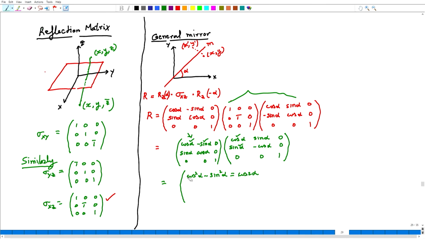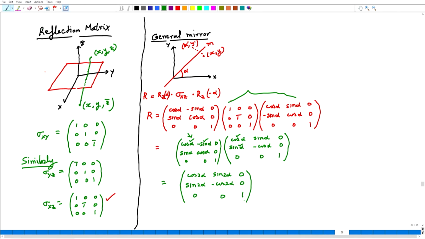Similarly, first row, second column gives cos alpha sin alpha plus sin alpha cos alpha, which is nothing but sin 2 alpha, and the third element is 0. Similarly, going through the second row, we get sin 2 alpha, minus cos 2 alpha, 0, and the third row would be 0, 0, 1.